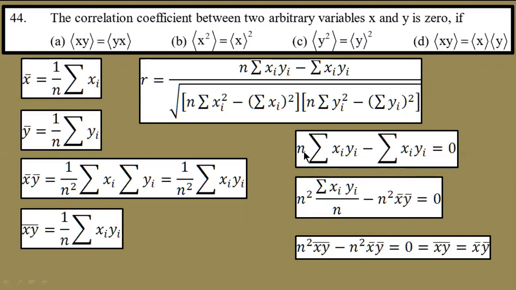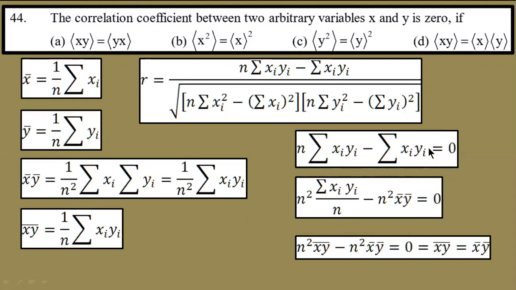Here, what I did, I already have n there. If I divide the whole term by n and also multiply it by n, that n will be cancelled. Finally, I'll get n squared.